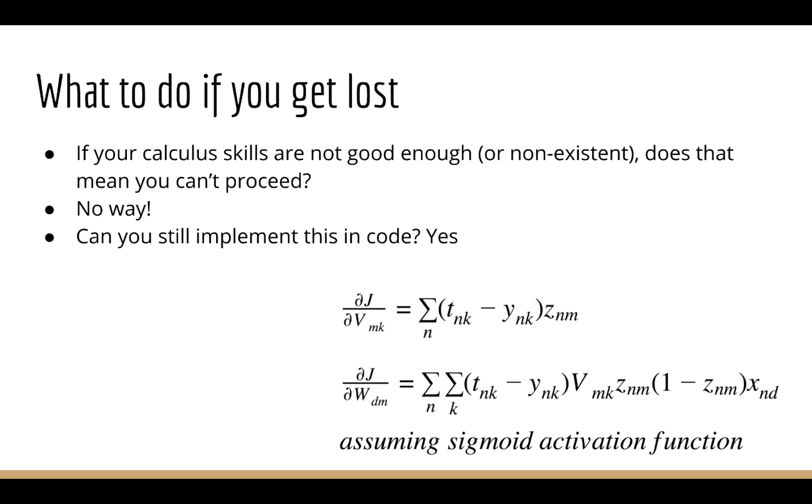As you can see, these gradients involve only two operations. Number 1, multiplication. Number 2, addition. And I'm sure that if you are taking this course, you know how to multiply and you know how to add, and you know how to do these things in Python. So is there anything stopping you from implementing gradient descent in code? I would think not.